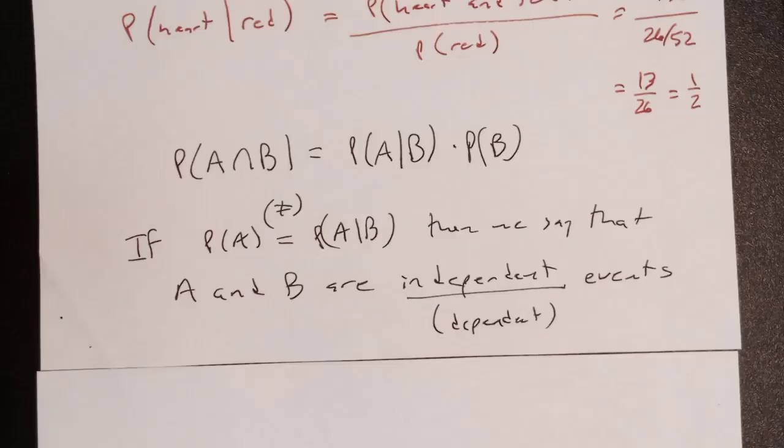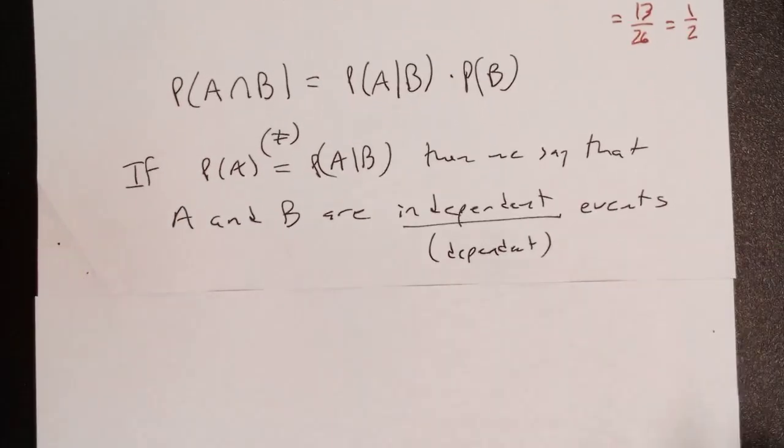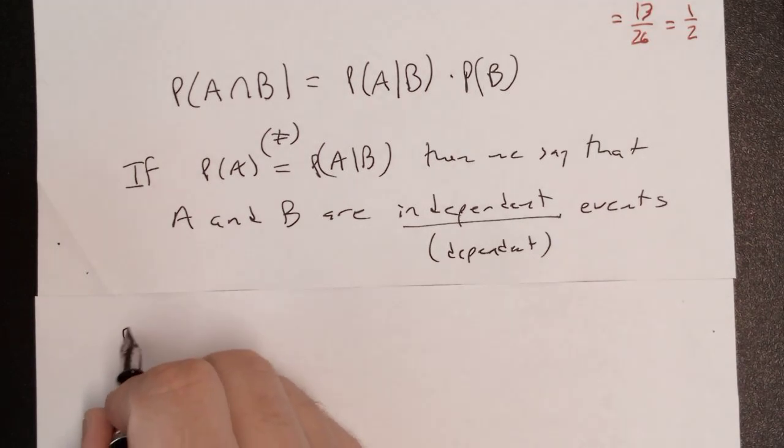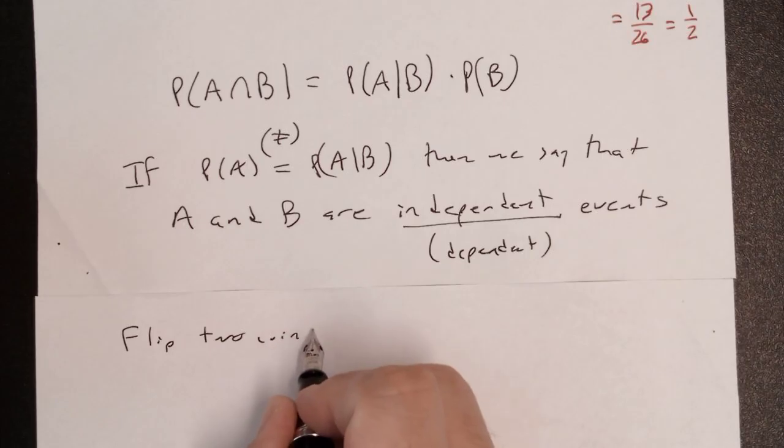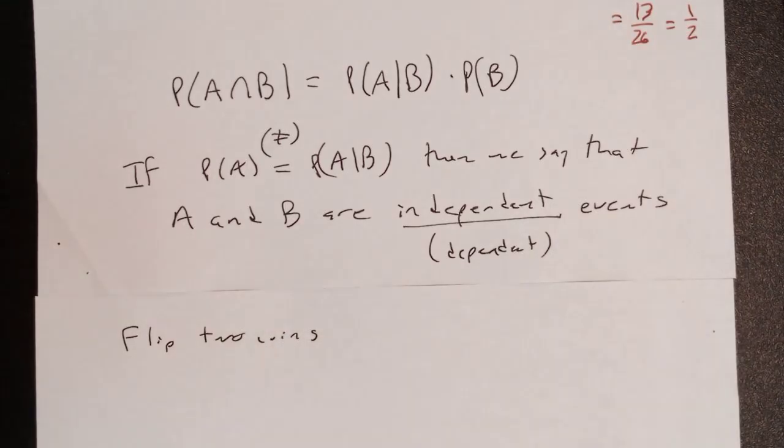So let me think about this. We really should be counting out our sample space. I should be writing it all out. I'm going to pick a small sample space. I'm going to flip two coins.